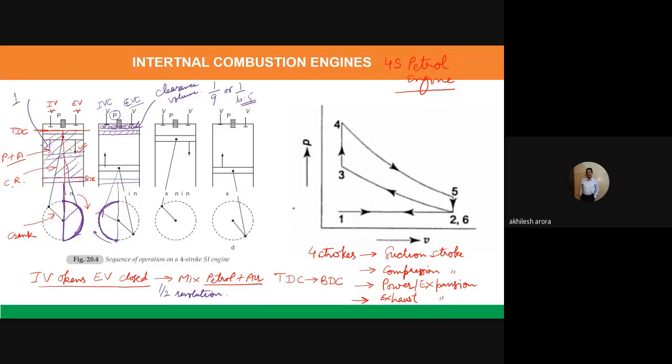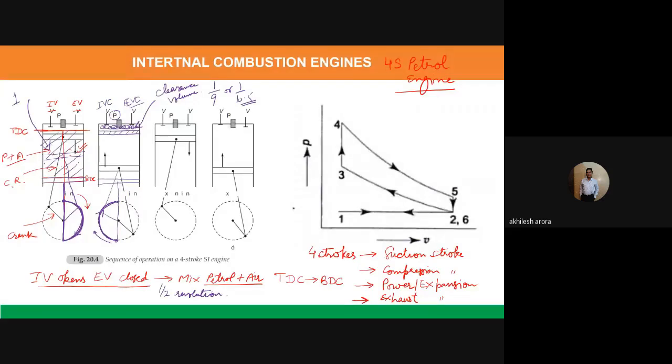Because this volume of air and petrol has been reduced a lot due to the compression process, the temperature and pressure of this fuel-air mixture increases to a very high level. But in no case can it ignite itself, because the ignition temperature of petrol, or gasoline, is quite high.